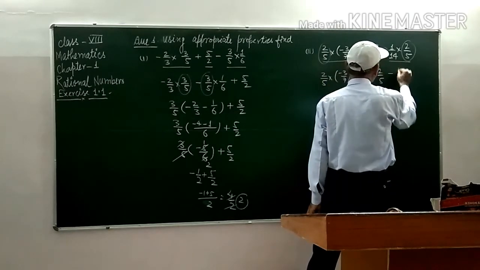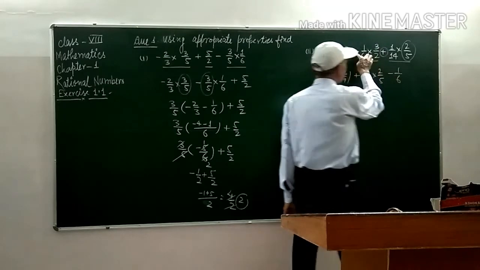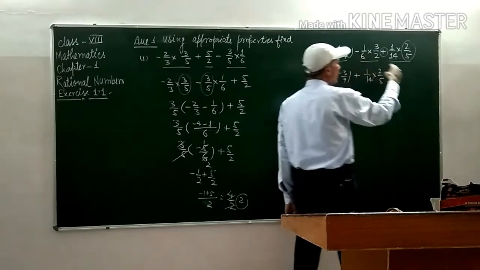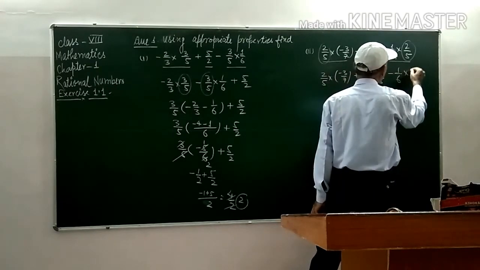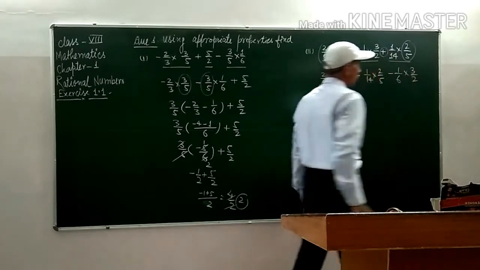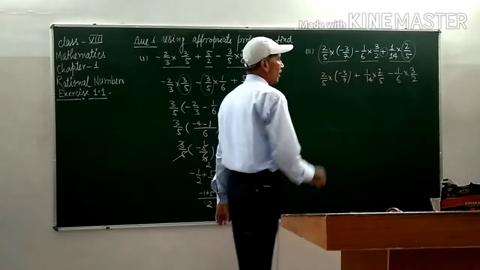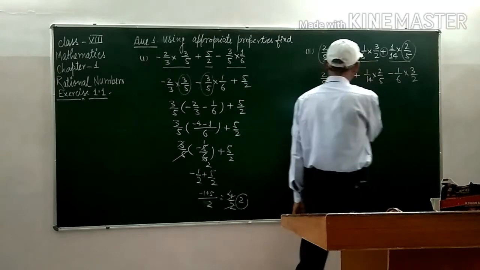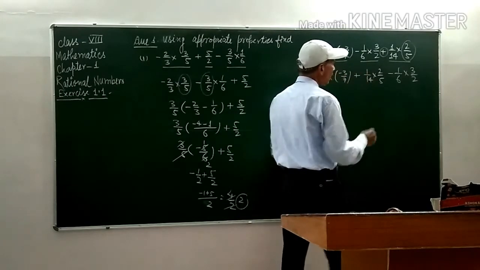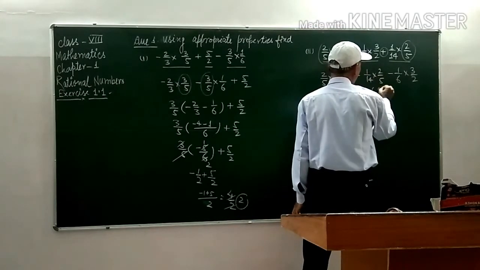Now minus 1 by 6 with the sign of the number, minus 1 by 6 into 3 by 2. Clear students? Here we have used the commutative property.